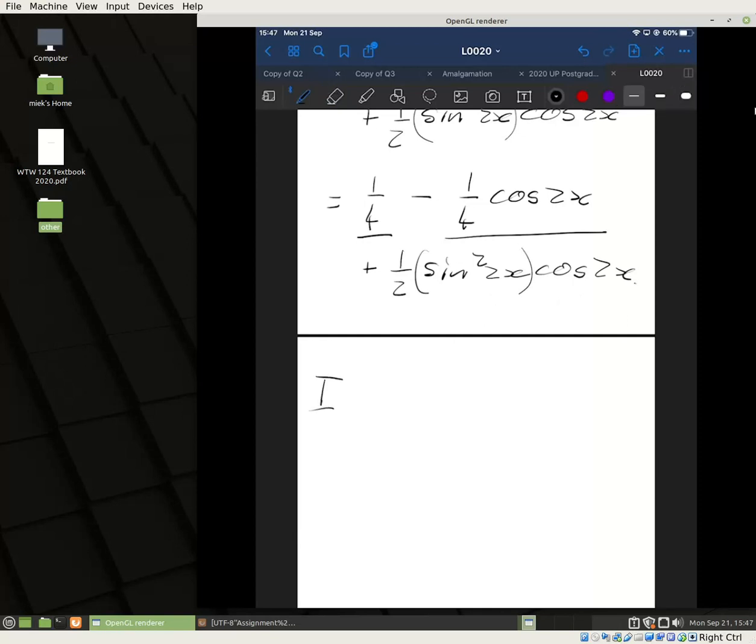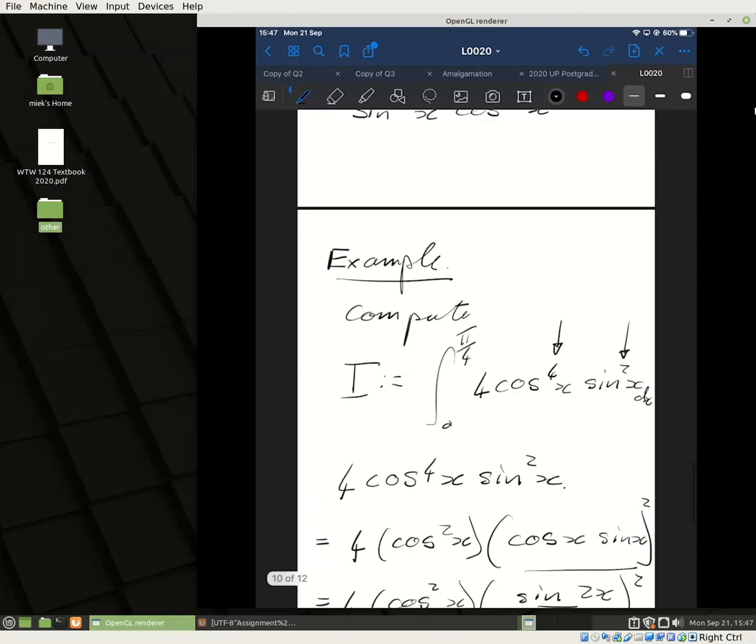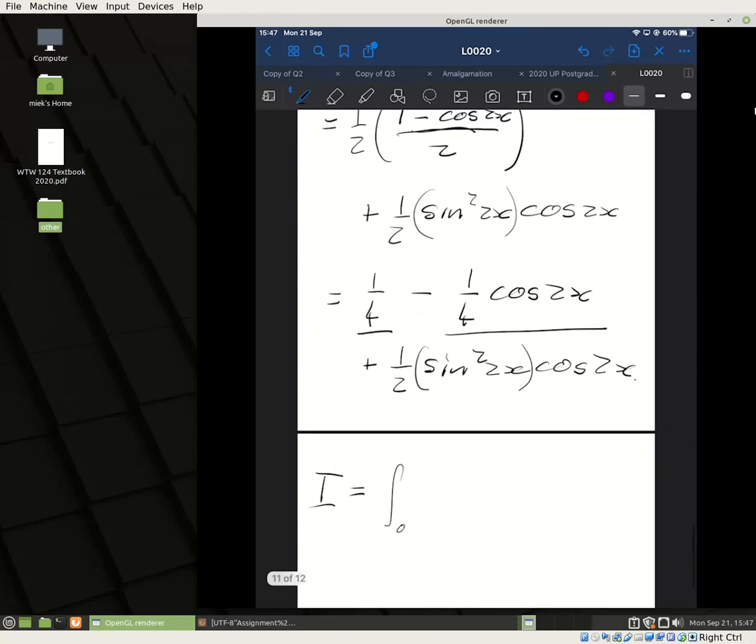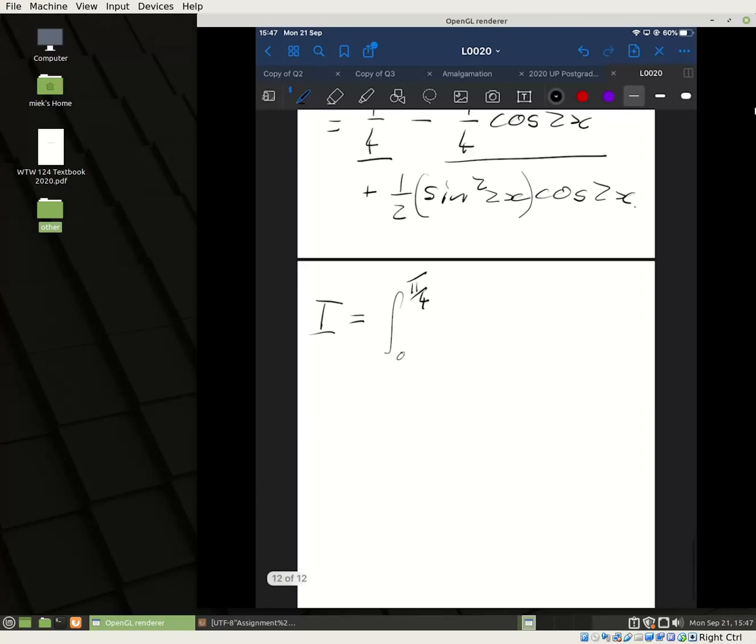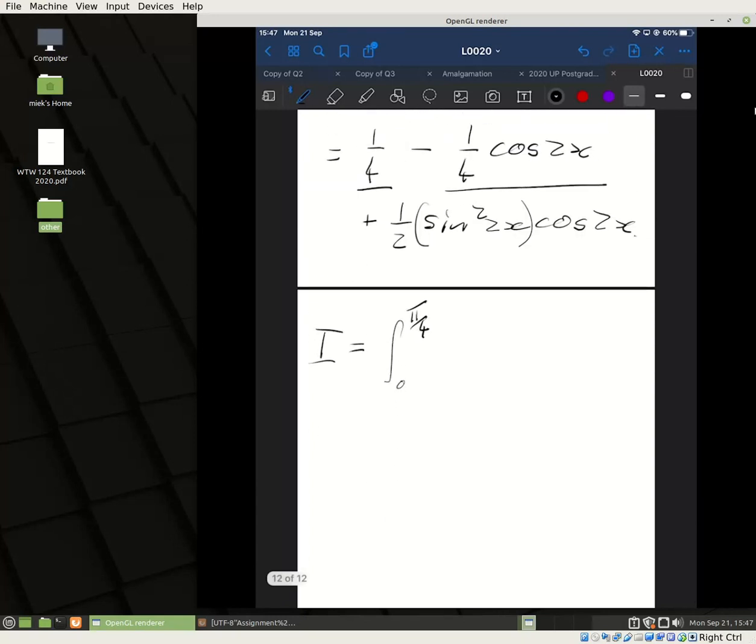So our integral is equal to the integral from 0 to pi over 4, and we can now write in our integrand 1 over 4 cosine 4x plus a half sine 2x squared cosine 2x dx.